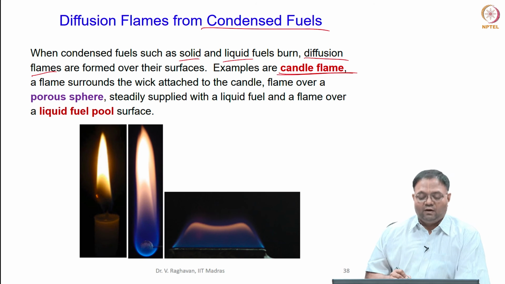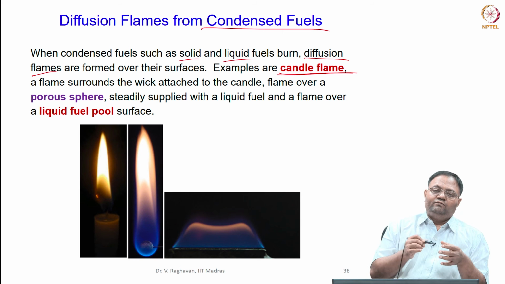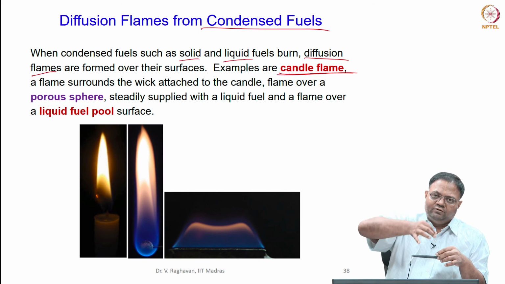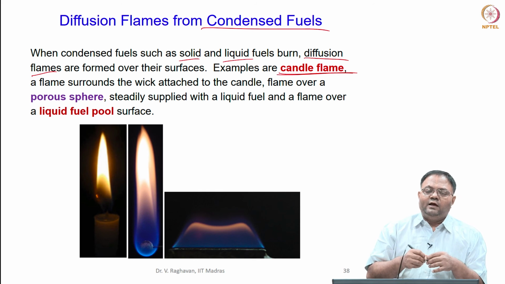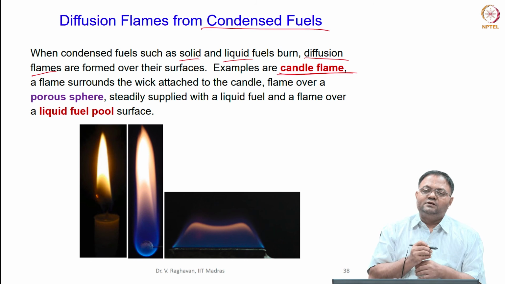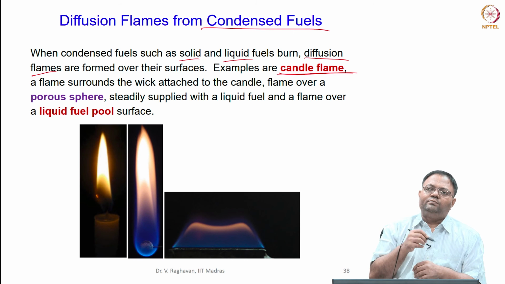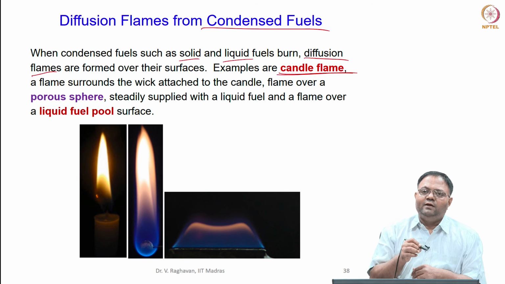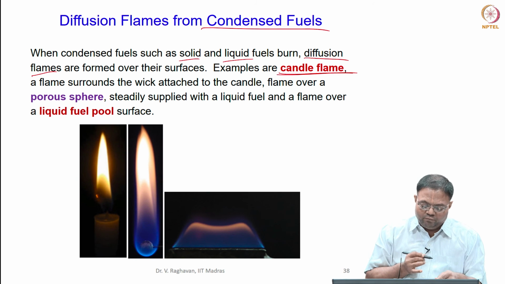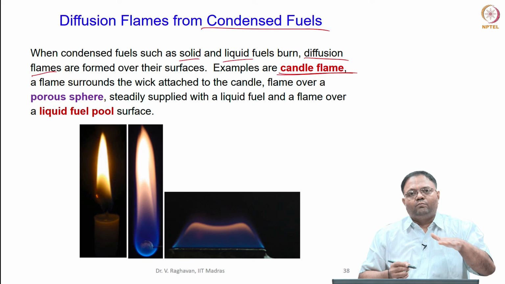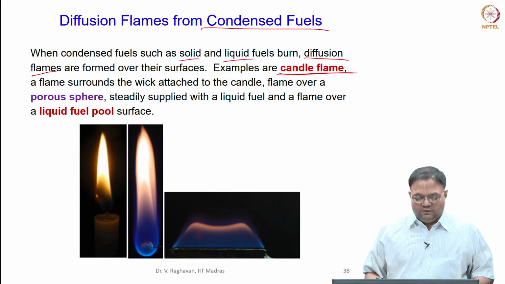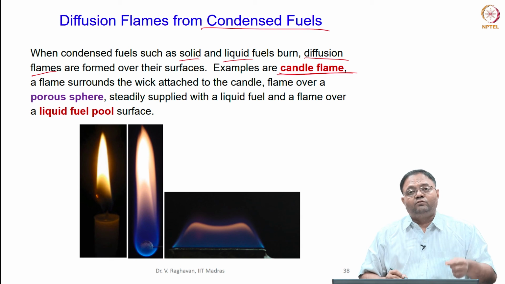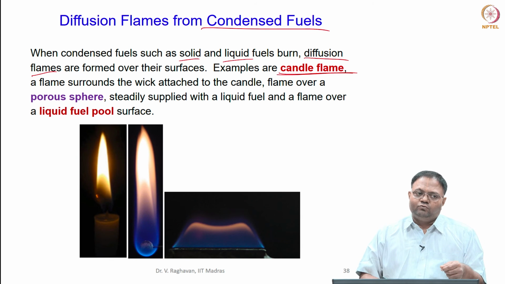A very important example is the candle flame. In a candle, you have wax which is the fuel, and the wax has a wick attached in its body. When you ignite it, the flame heats up the wax, creates a small cavity, and molten wax is present there. The surface of the molten wax evaporates, and the surface of the wick also draws molten wax by capillary action.